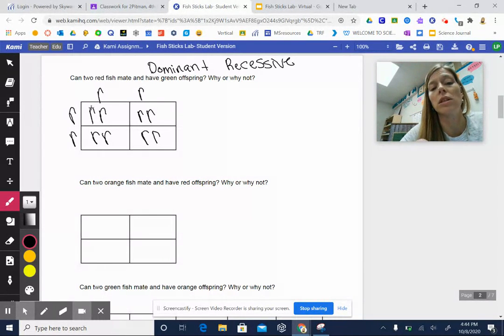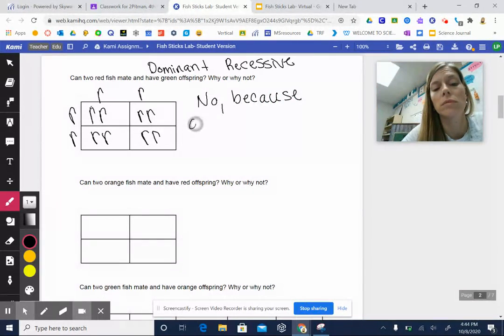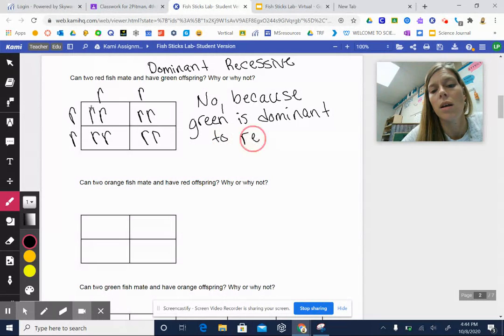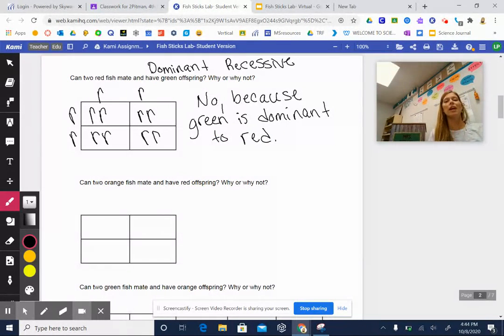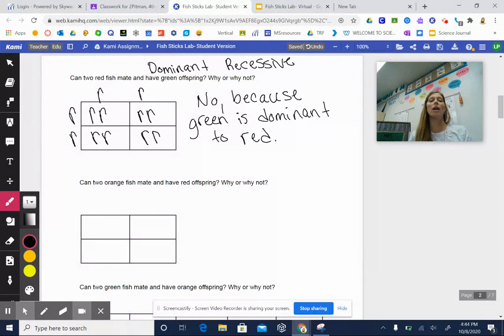It should say something along the lines of no, because green is dominant to red. Your answer doesn't have to match mine exactly, but it should talk about either red is recessive to green or green is dominant to red.